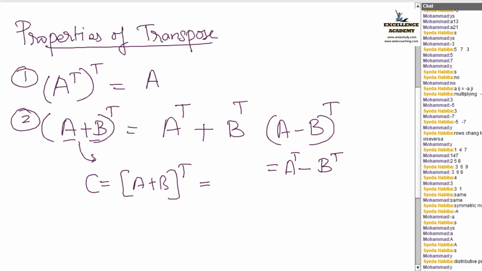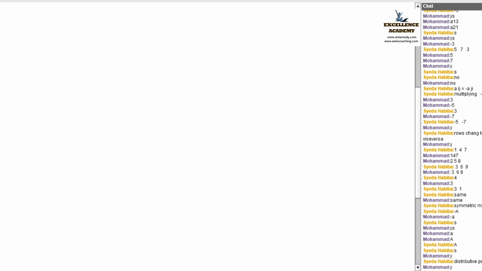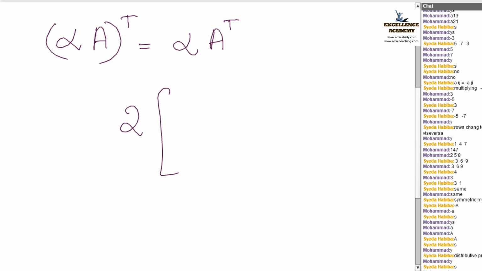Okay. Now, what if I am multiplying a scalar alpha into A, the whole transpose? That will be equal to alpha into A transpose. Suppose I am multiplying 2 into a matrix, 3 2 1 like this.